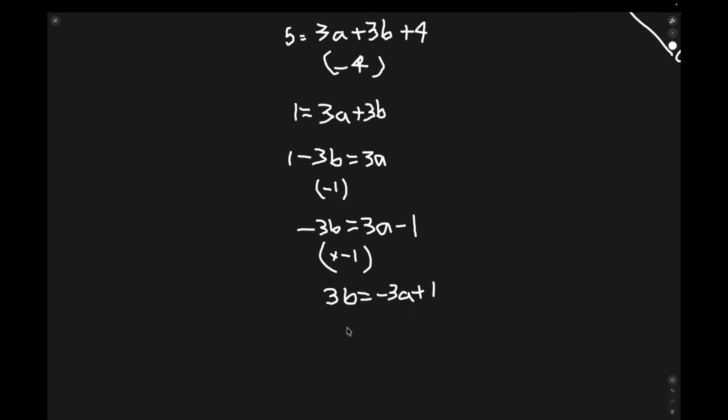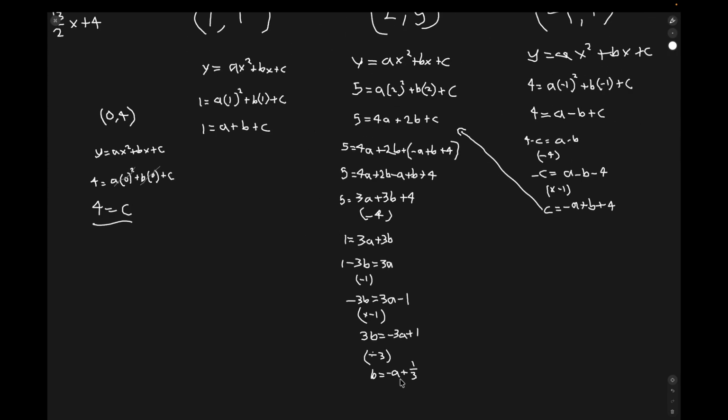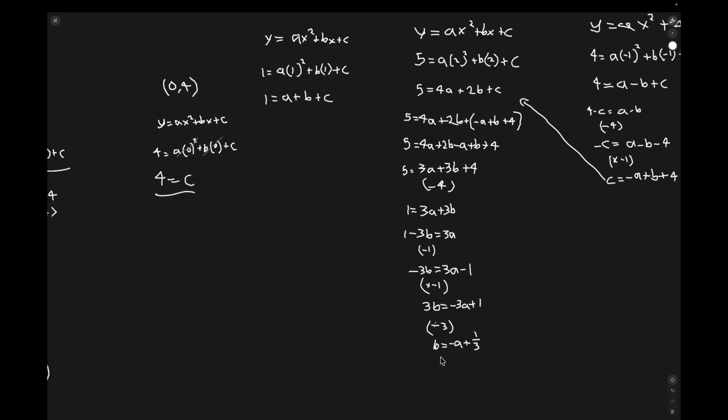And we're going to divide both sides by 3. So we get b is equal to negative 3 on 3, which is just negative a, plus 1 on 3. So, now that we've got that, we're going to put this back into here. Wherever we see a b, we're going to put this, and wherever we see a c, we're going to put that. Let's bring that down so we have a bit more space.